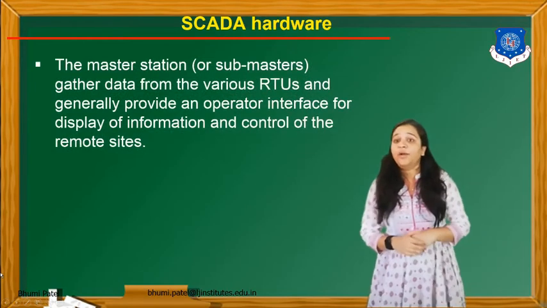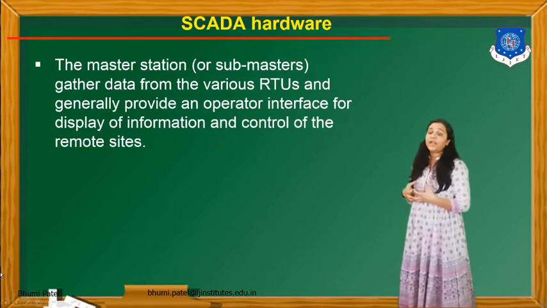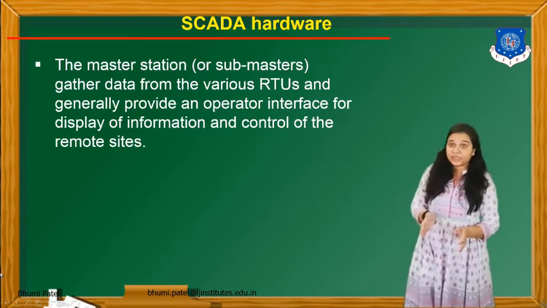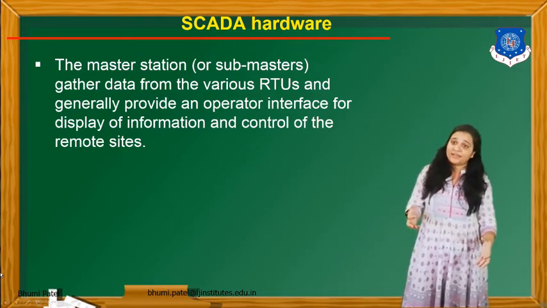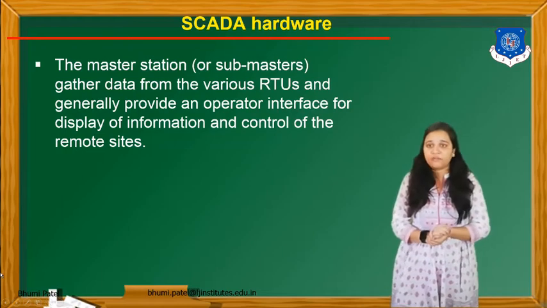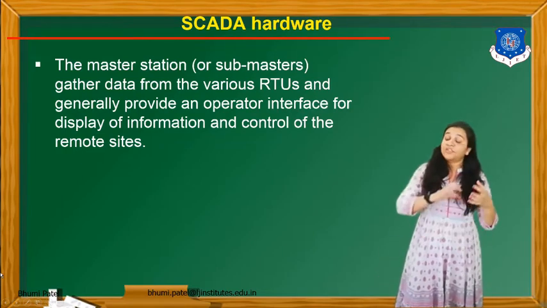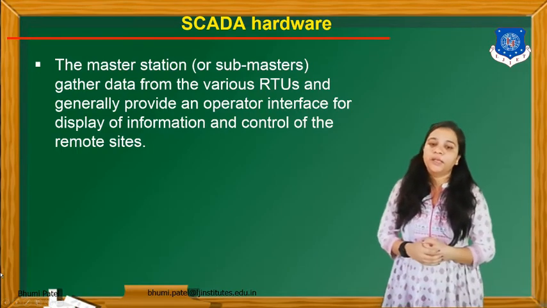Now the master station or the sub-master station gathers the data from the various RTUs, because in the same SCADA system we have to use multiple RTUs, so the master station gathers the data from the RTUs and generally provides an operator interface for the display of information and control of the remote site.